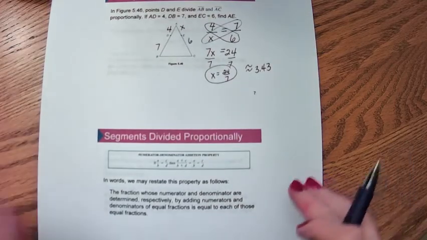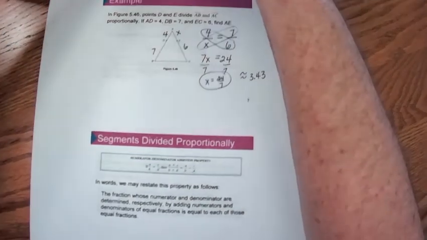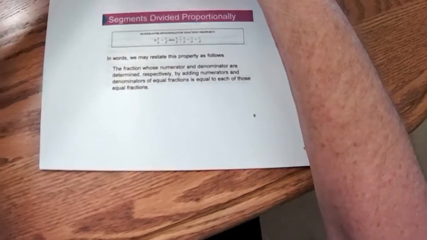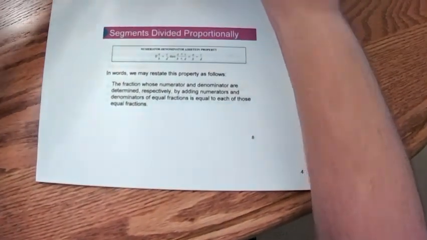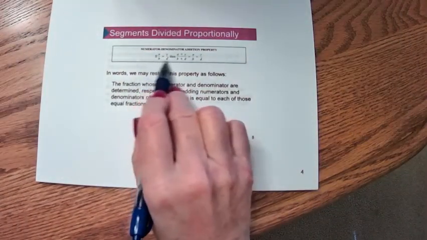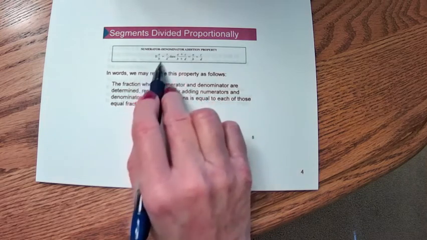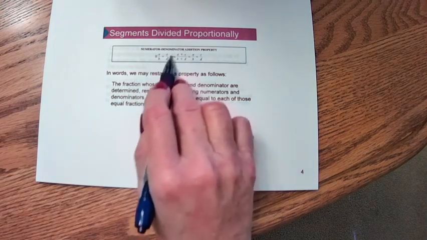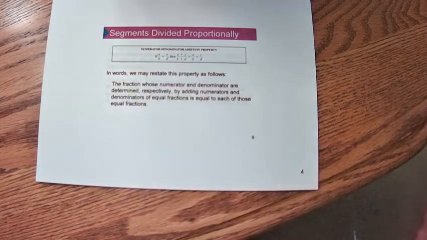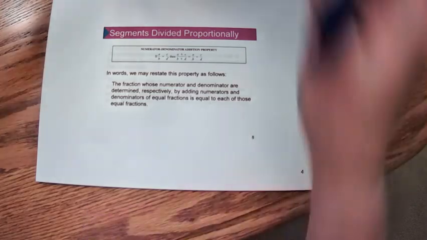Okay, another property of proportions is if a proportion is set up and it's true, you can add the numerators and add the denominators and get a third fraction that has the same proportions as the original two fractions.